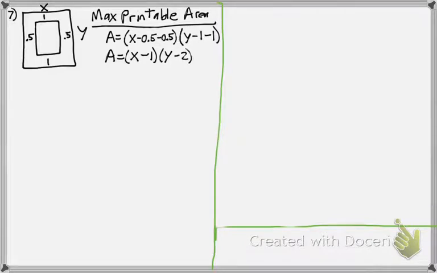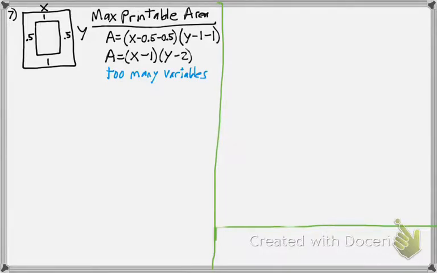And we run into our issue that we've been running into on every problem here, where we have too many variables. So I need to find out some more information, or use some more information about the function in order to get only x's.